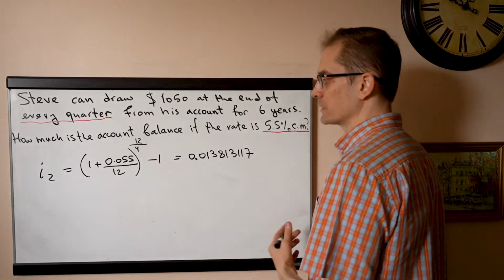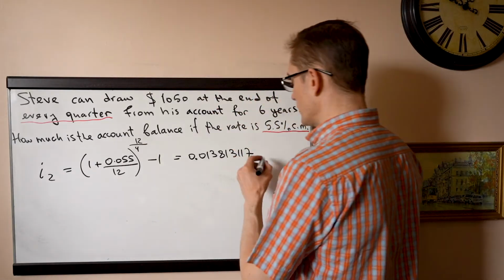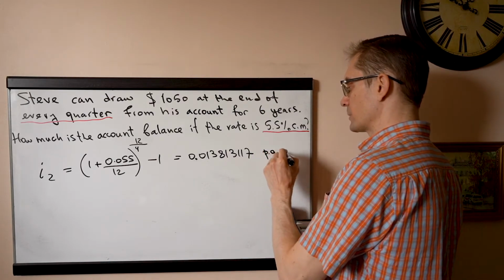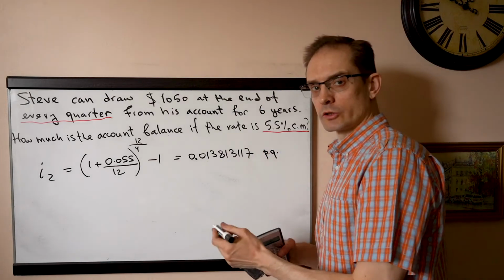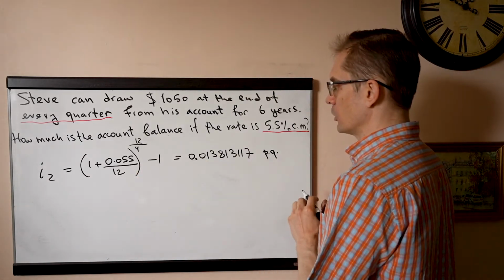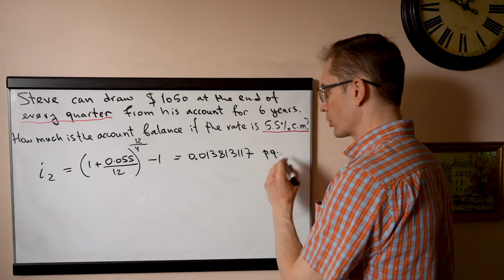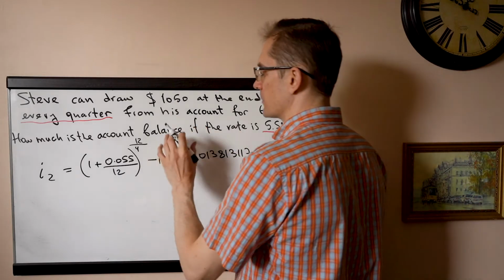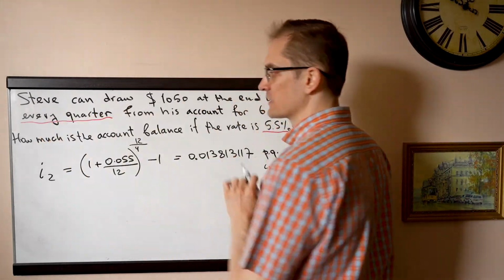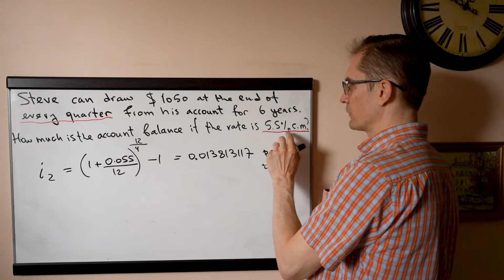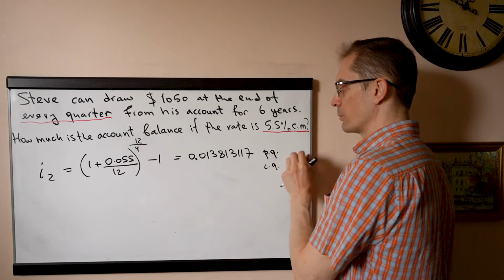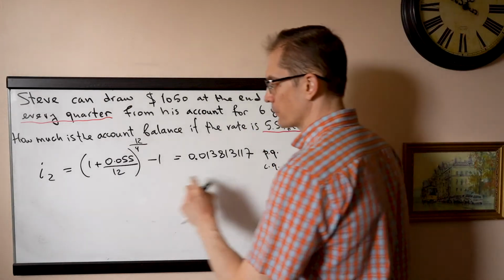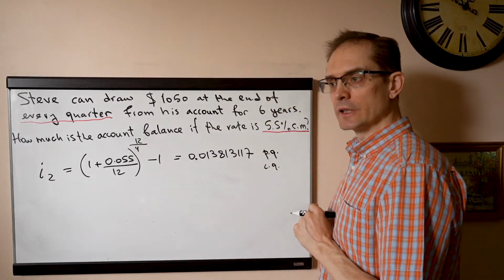Just again to reiterate, this I2 is the rate per quarter, compounded quarterly. So that's a periodic rate, but the major thing is that it's a rate per quarter and it's compounded quarterly as well, right? So this is the periodic rate which makes this annuity simple, because after we replace 5.5% compounded monthly with the rate which is compounded quarterly, the annuity becomes simple. And also never forget that that's a periodic rate, it's not a nominal rate, right?